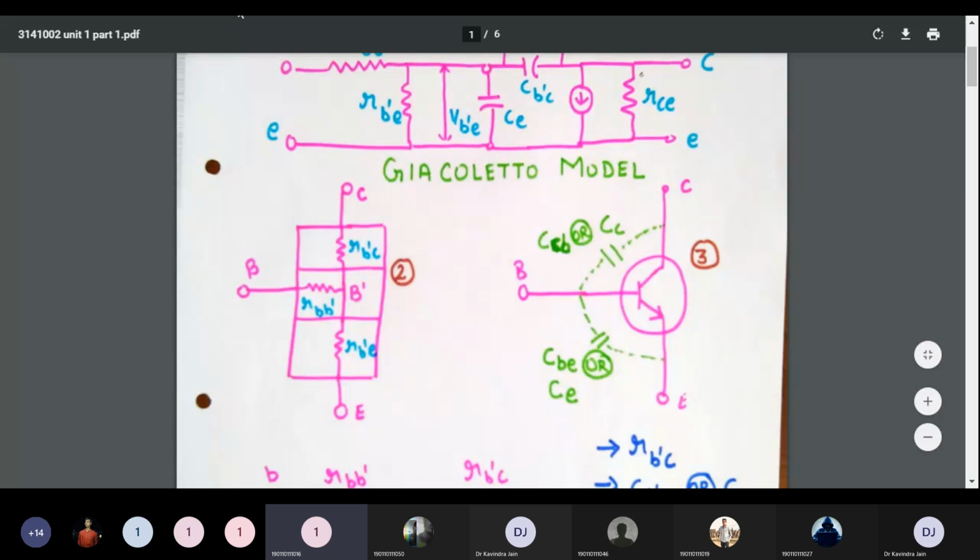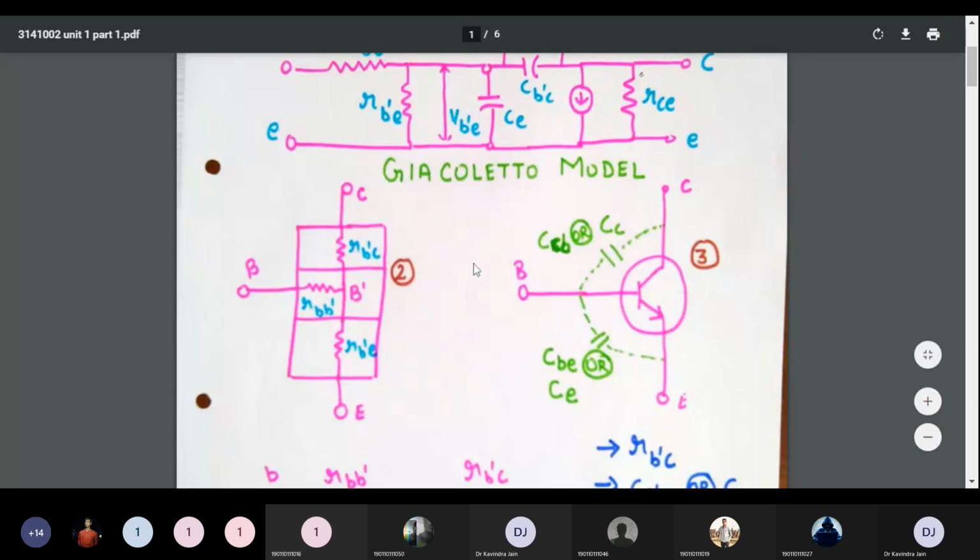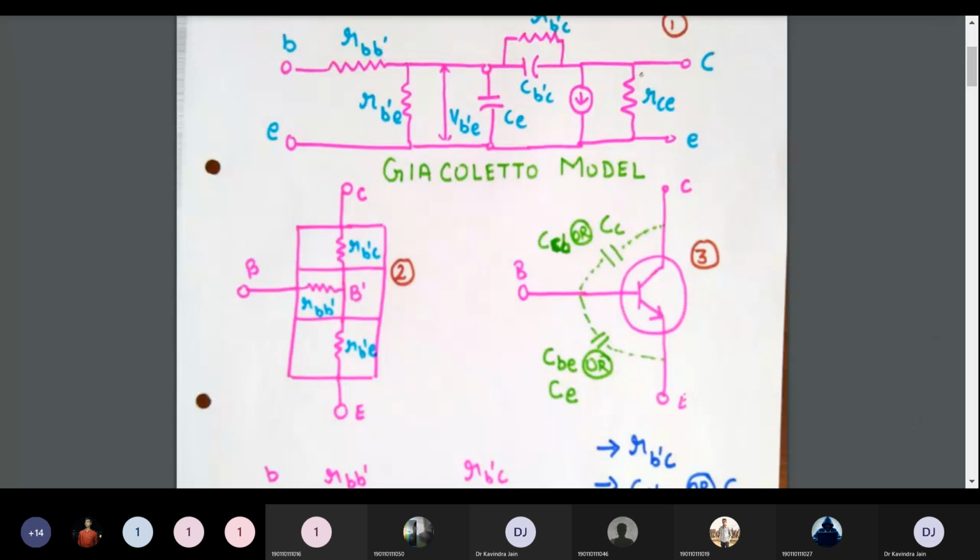Tirth Makadia, is it possible for you to kindly mute yourself? Thank you, Tirth. So we were talking about R B dash B, that is known as the spreading resistance. It is between the external base and the internal node B dash. Can I proceed further? Yes, sir.